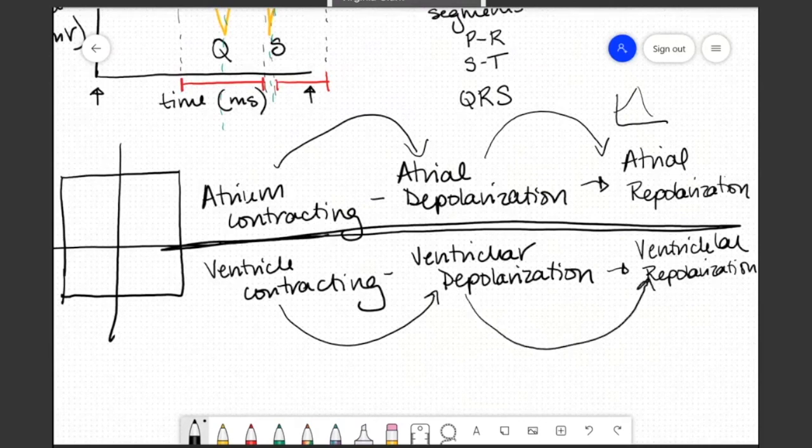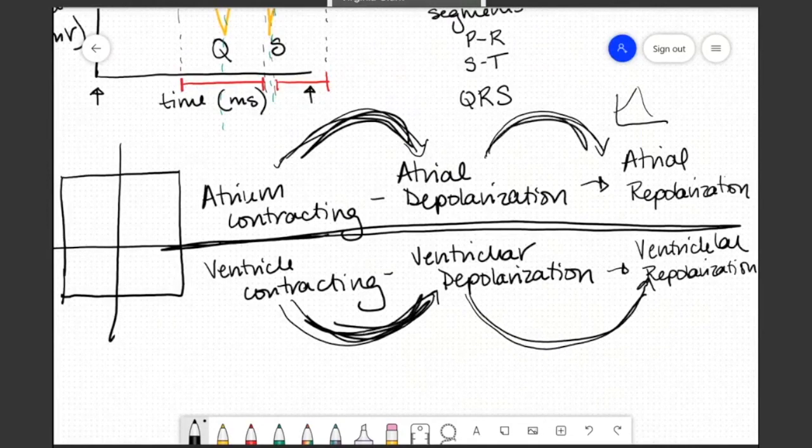So what's actually happening with these things, it is not 1, 2, 3, 4. It's more so 1, 2, 3, 4.